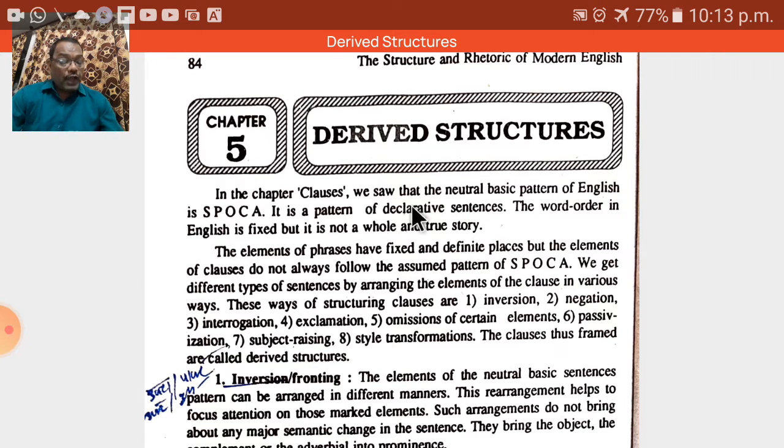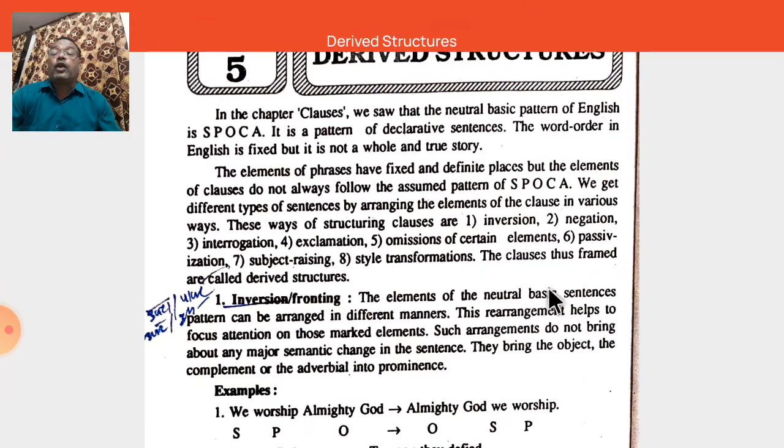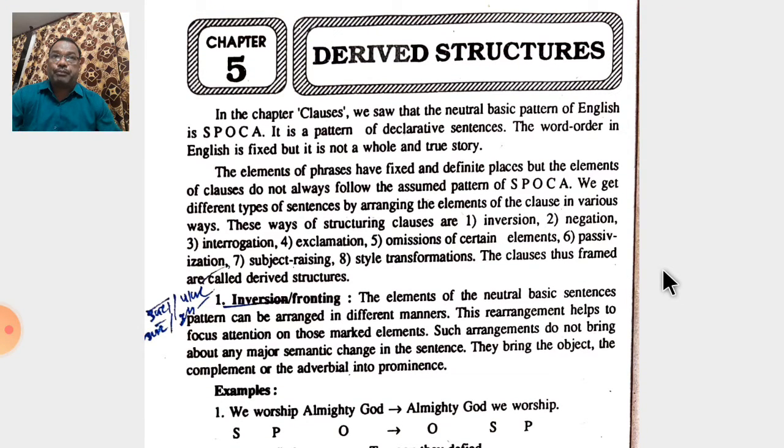We have studied declarative clauses, which have a sequence like subject, predicate and object. But we don't have such a structure in derived structures, where the places of the elements are changed.